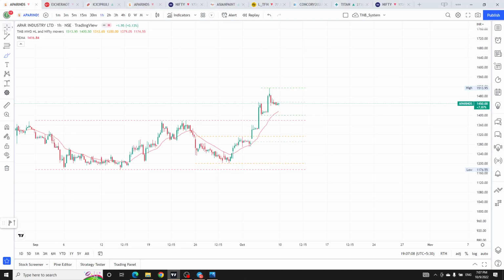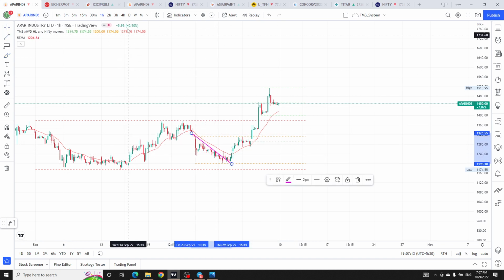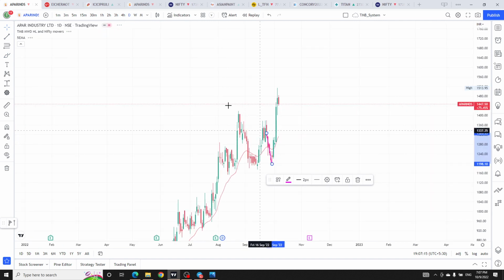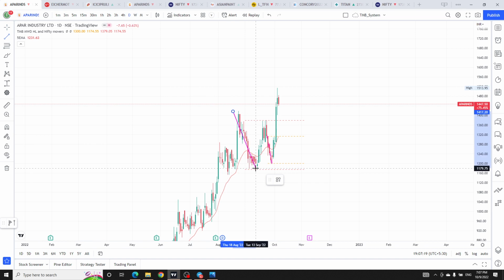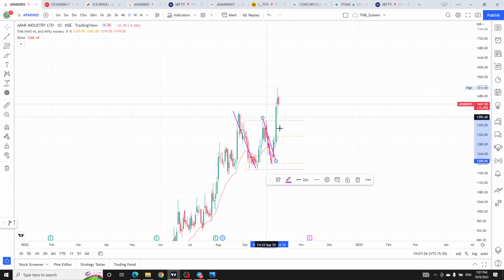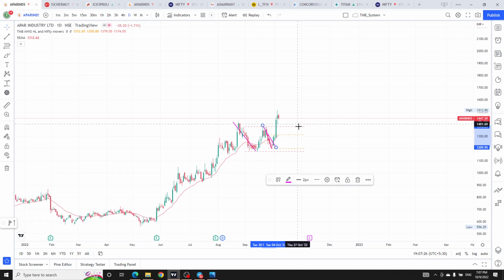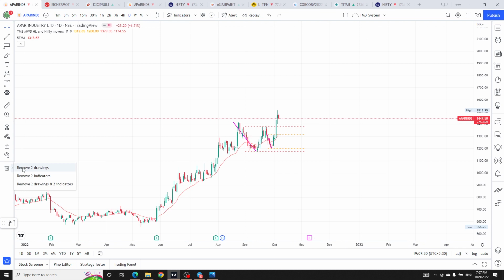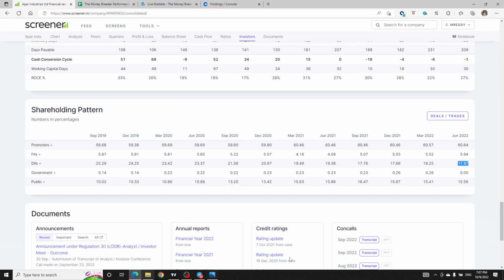Maybe DIIs might have exited from this company. The same level of buying is happening from FIIs and promoter. That is also not much of a threat from the DIIs.